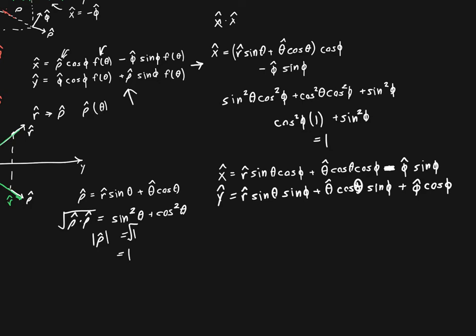Now we could dot it with itself just to confirm that this is correct, but honestly I don't really want to. So I'll leave that as an exercise for you if you like.